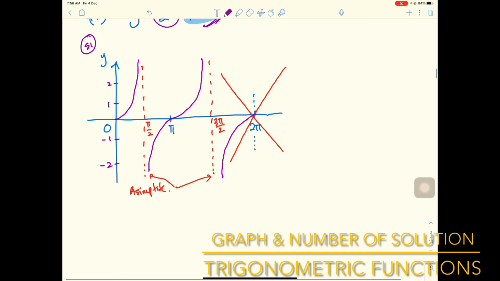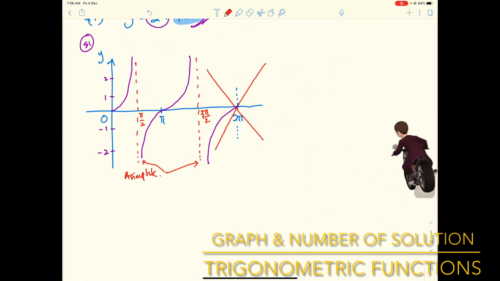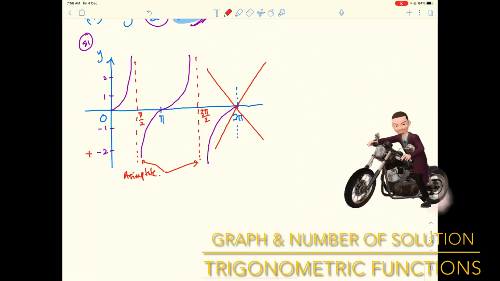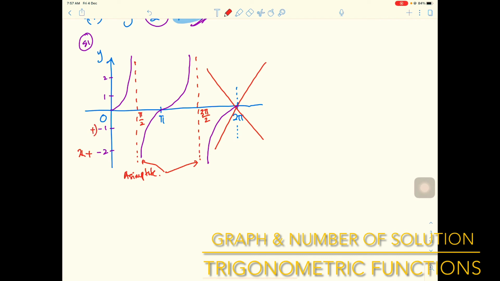So add 2 to each of the amplitude values. So this is plus 1, plus 2, plus 2 and plus 2. Now it becomes 4, 3, and plus 2, so 2.